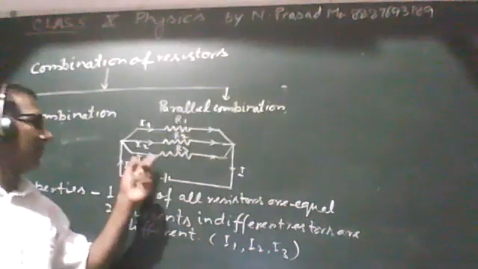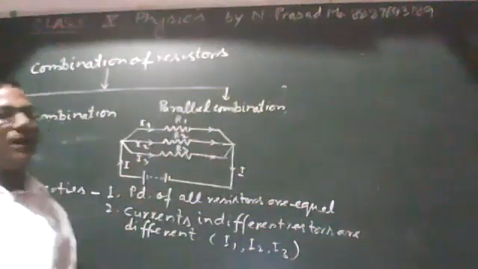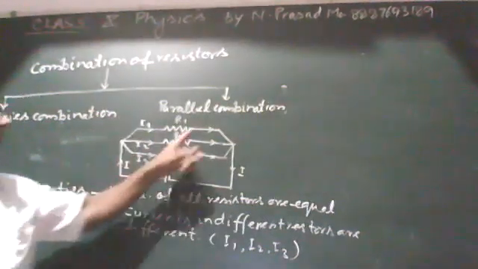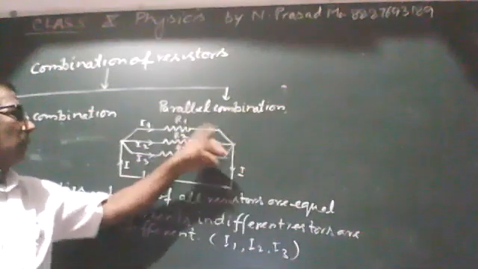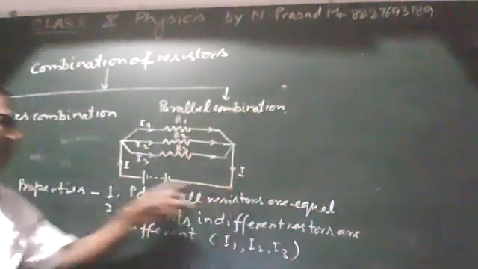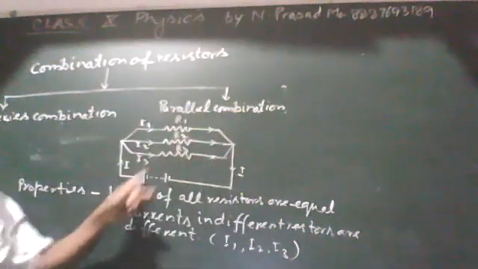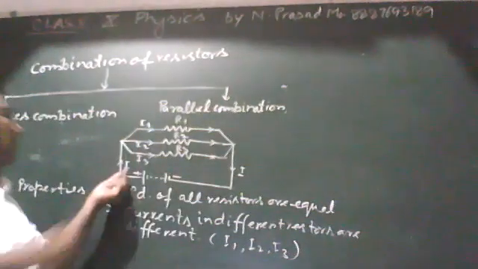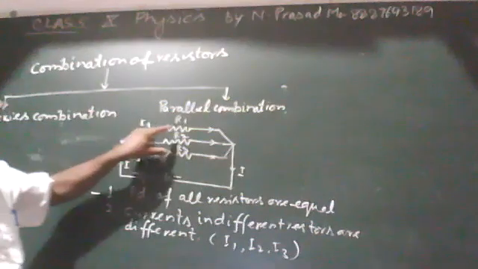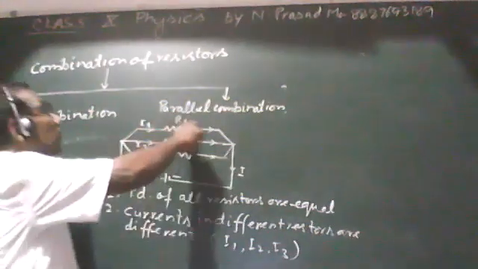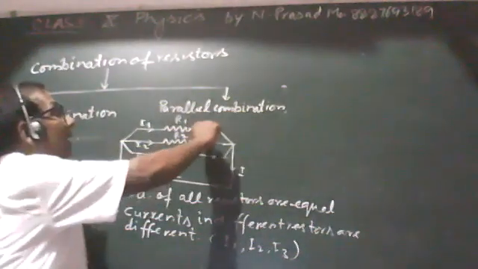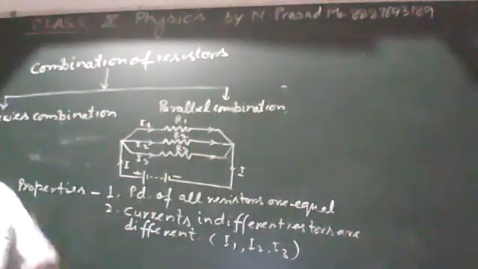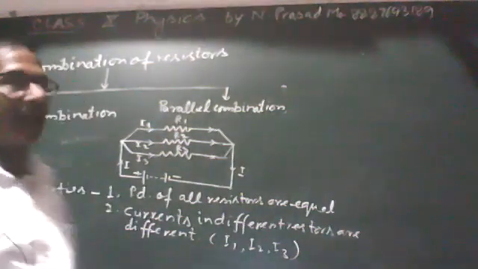And the currents in different resistors will be different because there are three paths, and the accumulated current will be the total. I from the positive plate starts in the circuit and is divided into three parts, and again after passing through the three resistors it will accumulate at this junction point, and I1 plus I2 plus I3 is equal to I. That is the supply current.